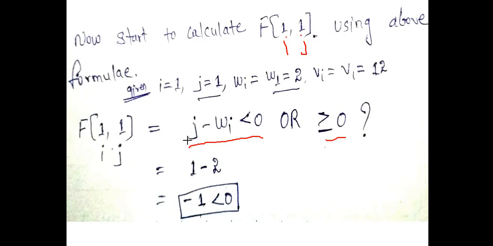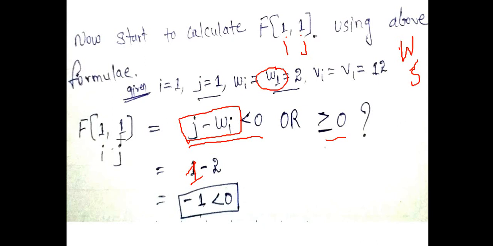Now I am using this j minus wi. J is what here? 1. So write down 1 here, minus wi. Previously we have seen the weights, values, and also the capacity. Capital W represents capacity. Don't confuse this W and this W. Small w represents weight, capital W represents capacity.